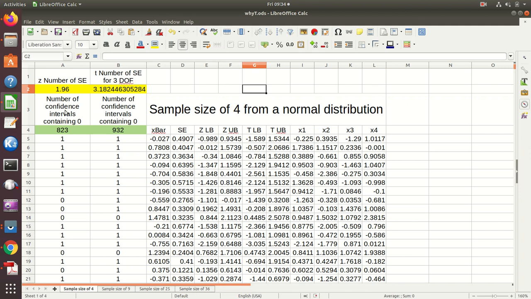And if you're using a spreadsheet, something like that, it doesn't really matter. You just have to remember to use the T command instead of the normal command. And we'll definitely be looking at that with some of our other work. So that's why we have a T distribution in there. Why we're not doing it just to make people's lives miserable.